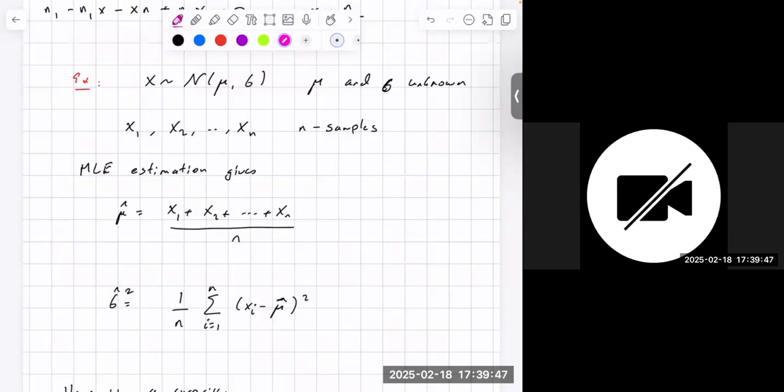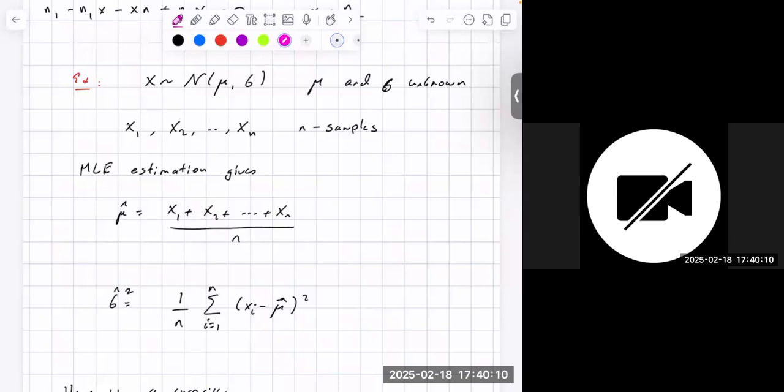Suppose I'm trying to do a Gaussian this time. And I got my samples. And what are my parameters now? Mean and variance. Okay, just a univariate Gaussian. If you got your samples, what would be your best bet on the mean? Well, sum them up, take their average. That's your best bet for the average. Okay.